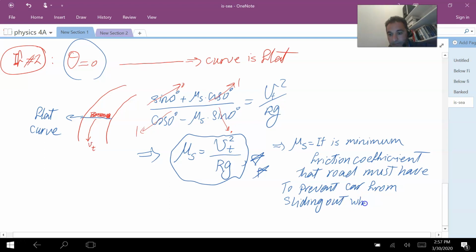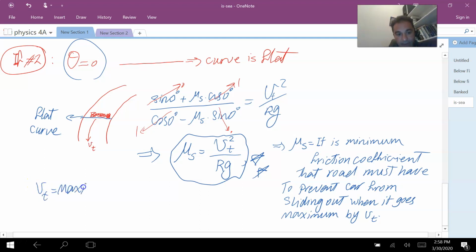When it goes maximum by Vt. And what is Vt?